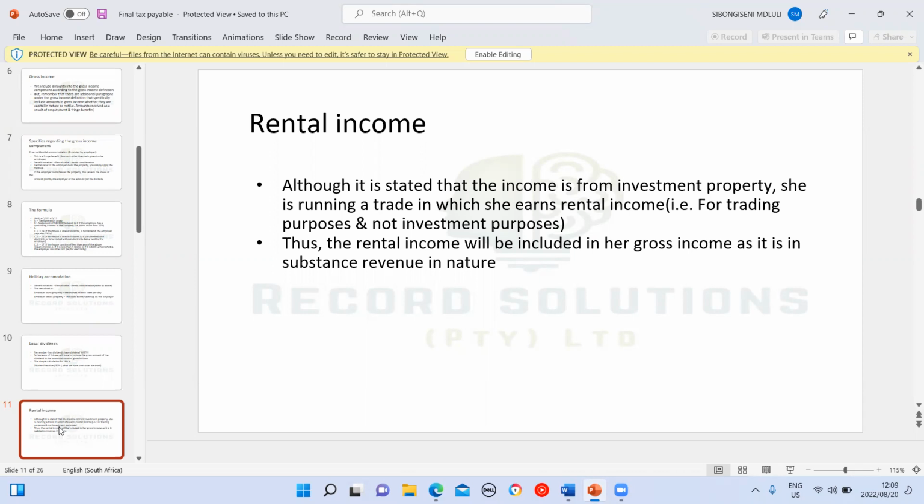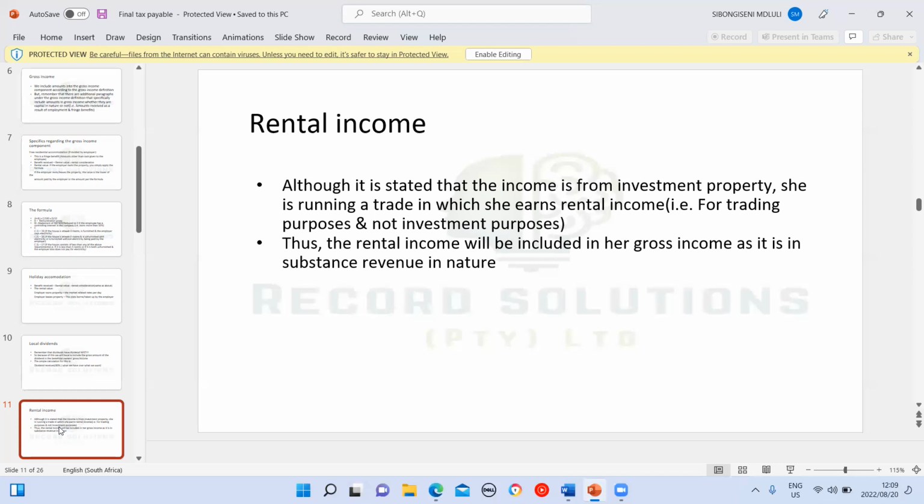So what I want you to think about here is that this investment property will only be capital in nature if it didn't earn rental income, and was just used to accumulate value over the years. As you know, property increases in value over the years. If it was just used for capital appreciation, then it would be investment property, for investment purposes, and as a result it would be capital in nature.